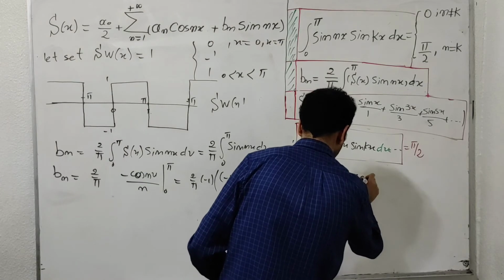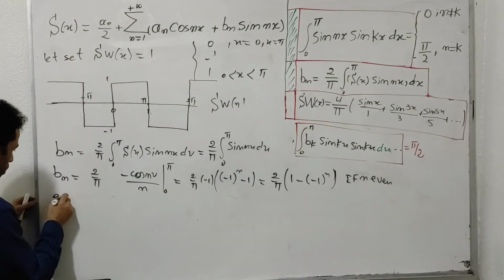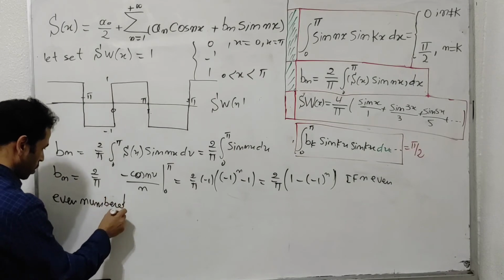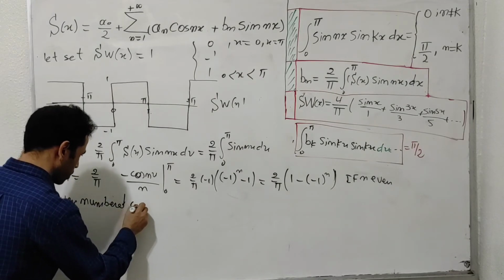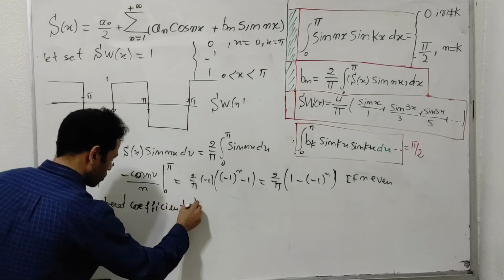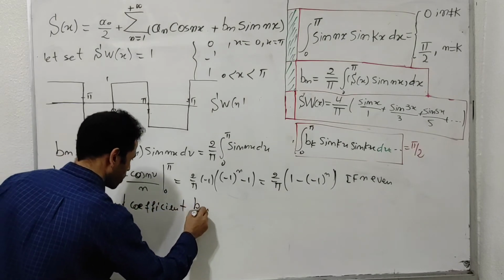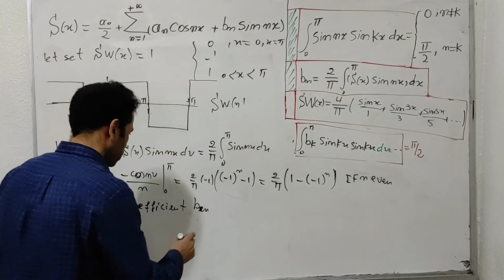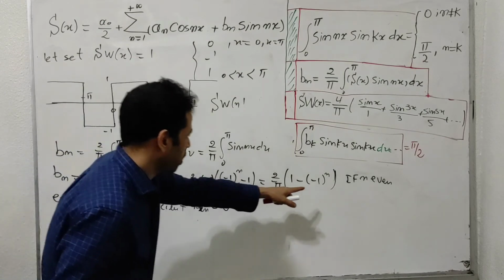If n is even, the coefficient b sub 2n, as an even coefficient, equals 0, as we have proven here.